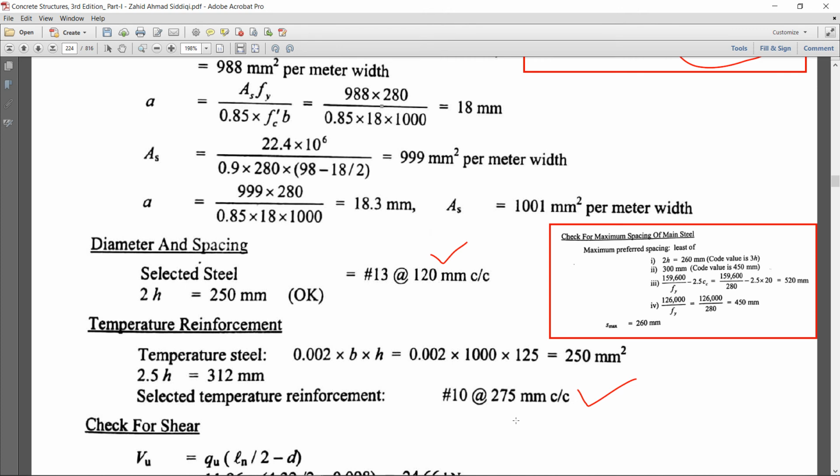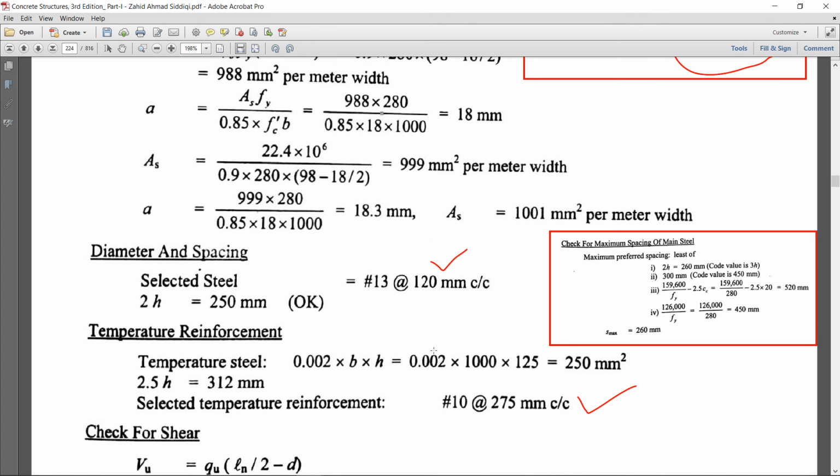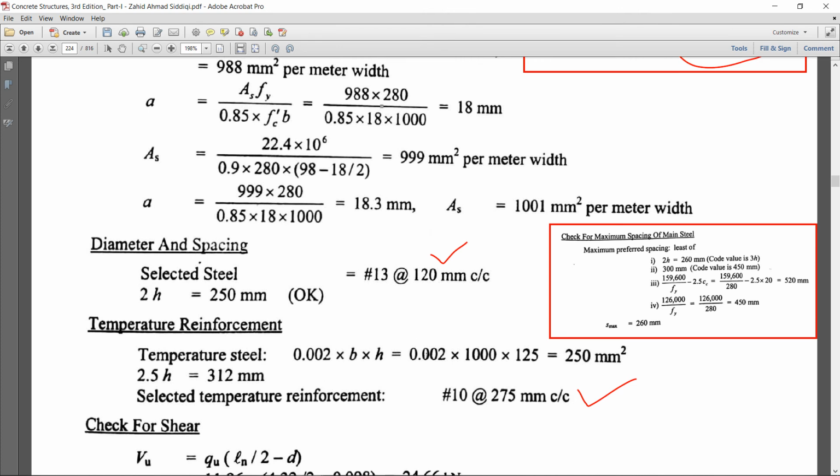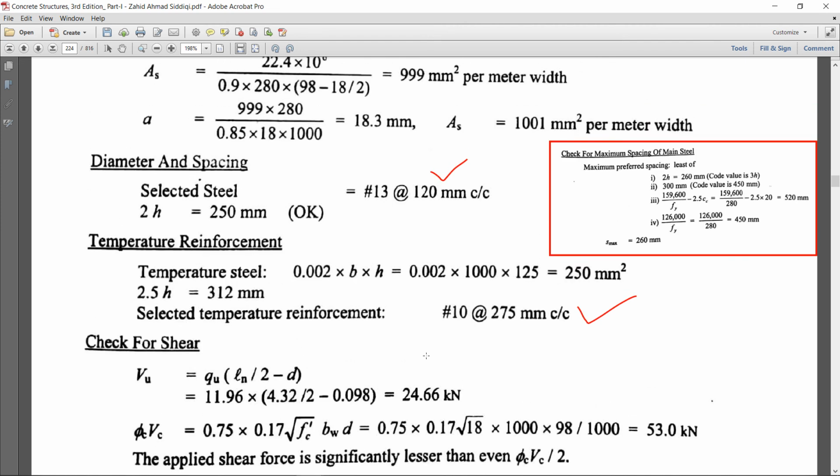Now our main steel and distribution steel are finalized in the stair slab. Now we will check for shear. Our load is 11.96. In the simple analysis of beams, we get the shear at the support as wL by 2, but for designing we take it at the location of effective depth.